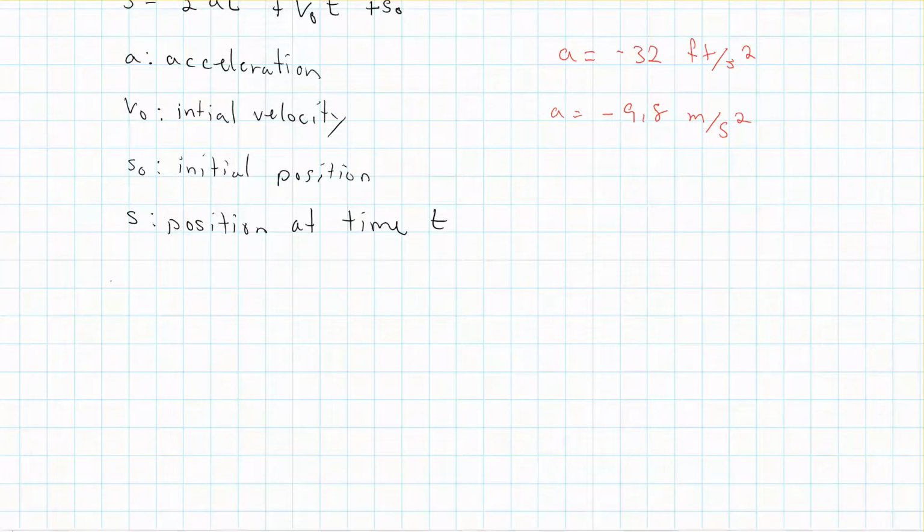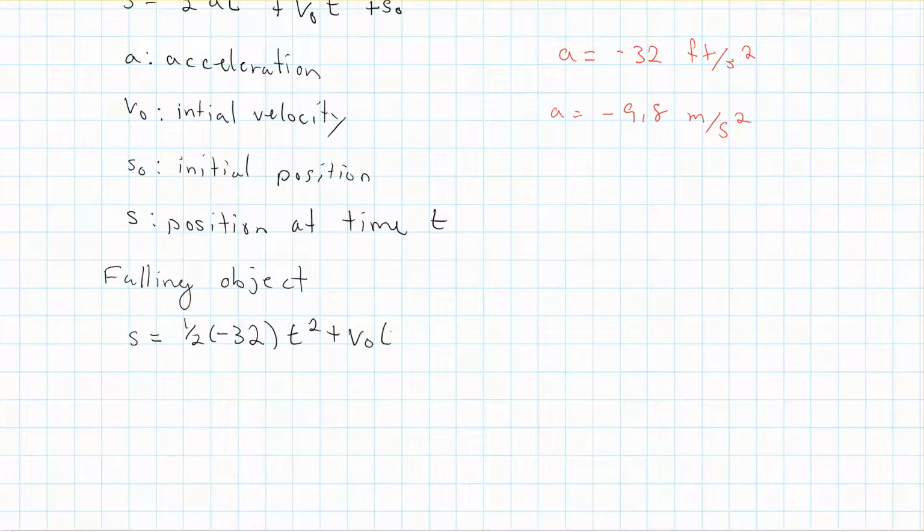So if we had a falling object, our formula is going to be S is equal to 1/2 negative 32 t squared plus V0t plus S0, which would be negative 16t squared plus V0t plus S0. And again, this is if we're in feet.